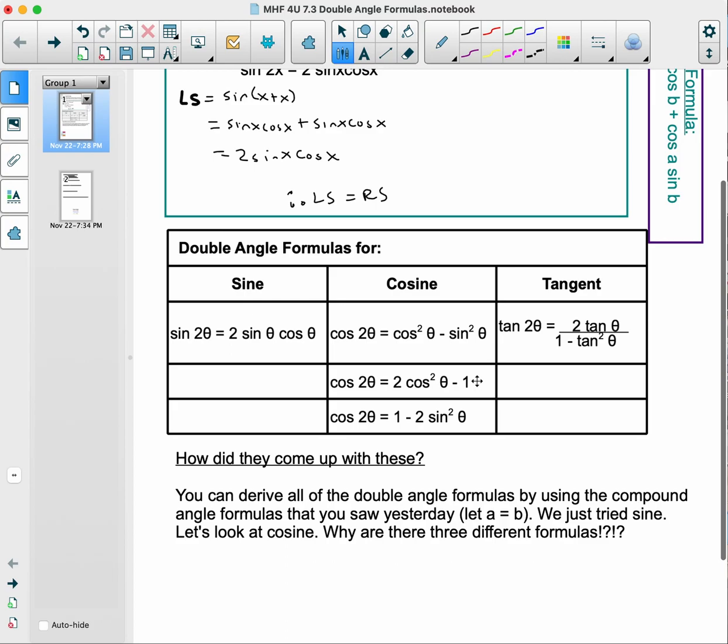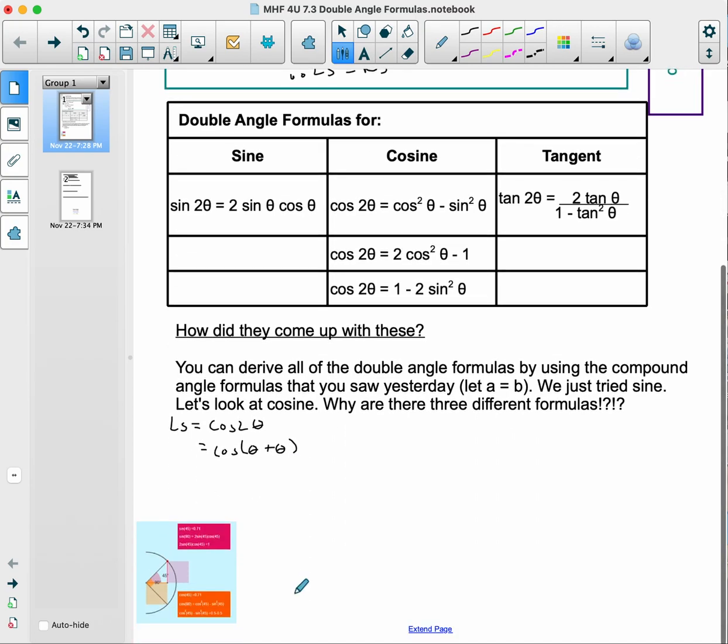Okay, but we are going to talk about the cosine double angle formulas. So the first one comes directly from your compound angle formula from yesterday, right? So cos 2 theta, so if I go again left side, equals, and I have cos 2 theta would be the same as cos theta plus theta, right?